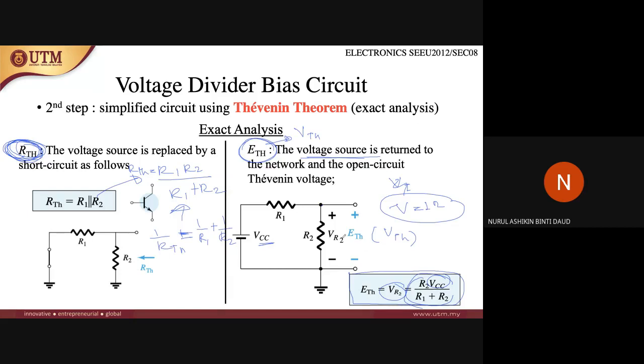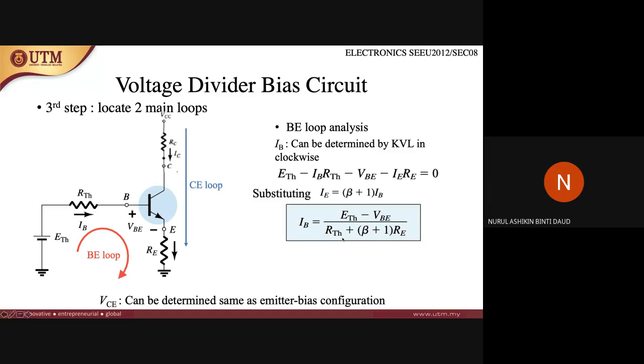Okay, next, third step. We need to locate the two main loops, the BE loop and then the CE loop. So the BE loop now is like this. It's no longer VCC now. It becomes ETH because you have already simplified.